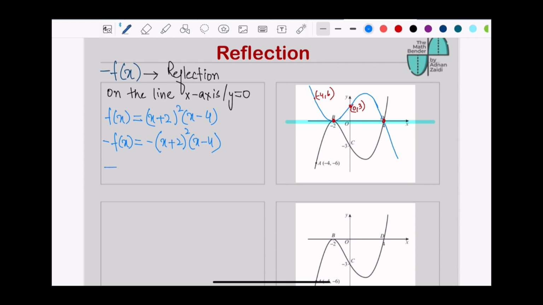So in this we multiply the y coordinate with negative 1, or in other words we just change their signs.